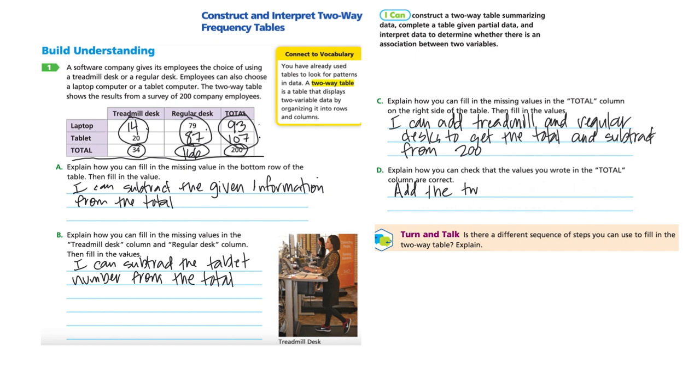Add the two numbers in each column. And they should sum to the total.